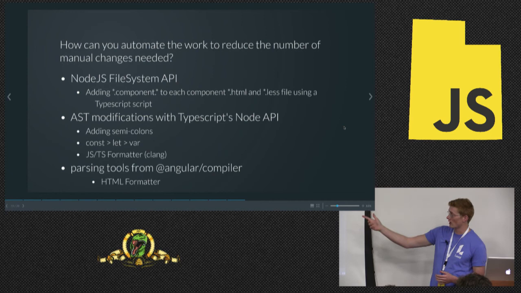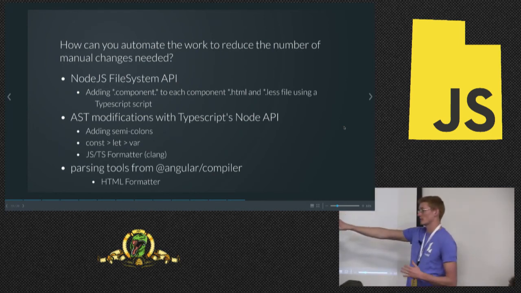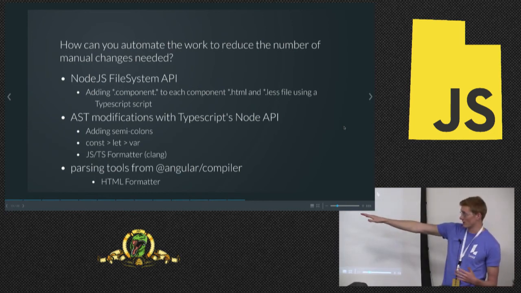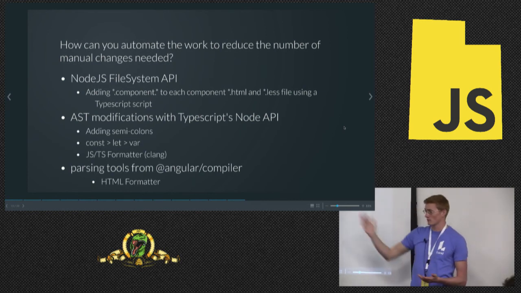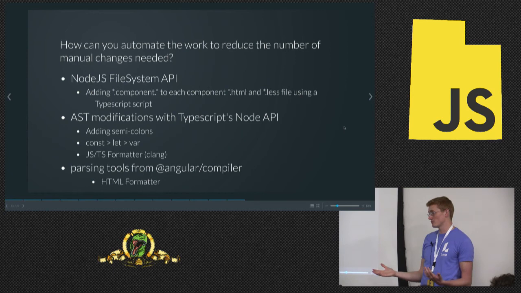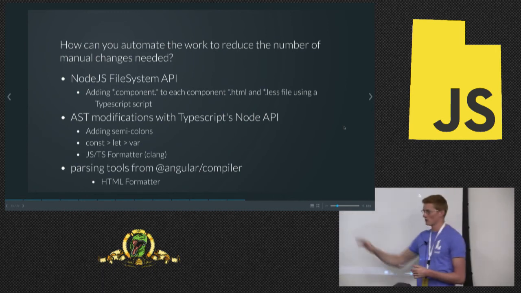We were able to find AST tools for TypeScript and JavaScript, which was fantastic. This allowed us to do some changes that I didn't even think were possible, such as adding semicolons consistently, enforcing const, let, and var, and the general formatting. I would highly recommend trying to find as many tools as possible. We didn't end up having to write too many homegrown tools. Most of our tools were wrappers around these.